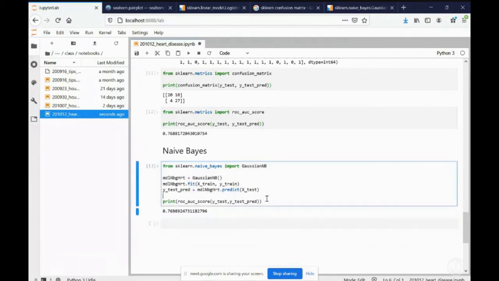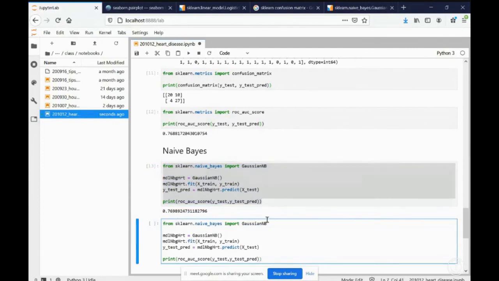Let's just run that to see whether that gives us anything different. This would be Bernoulli. The nice thing about Bernoulli is that it does some pre-processing, so the features are a little bit better.